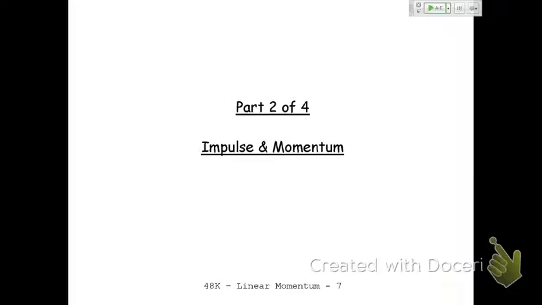We just had our force F net is equal to dP by dt. Compare and contrast that with this thing called impulse is equal to my change in momentum. They are similar enough that you might get them confused. They are different enough that they're not the same thing.